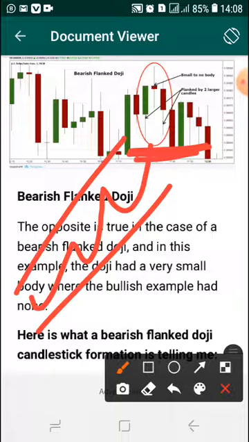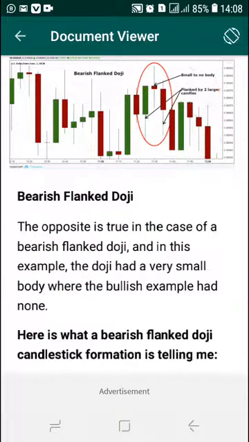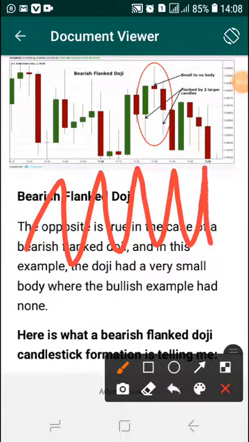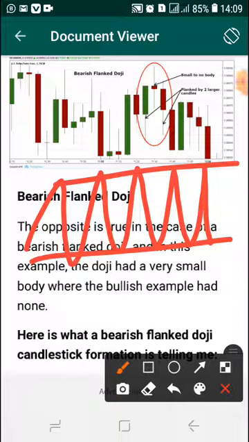Now, what do I mean when I say whether it's bullish or bearish? For example, here it is. If you have a movement where the market is ranging, this can appear here, and again, this can also appear here.